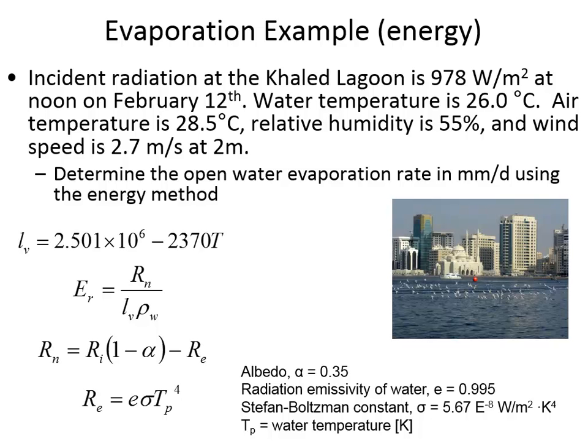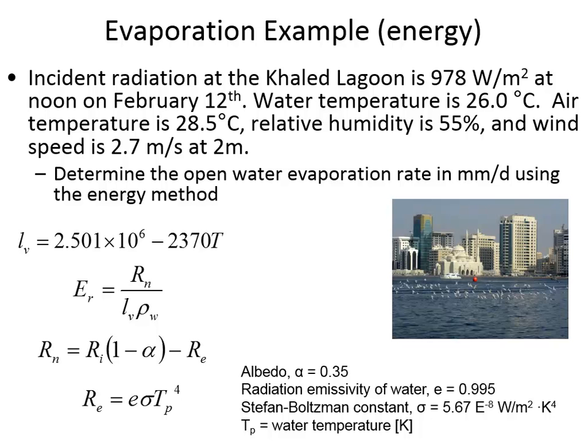What the wind is able to do is transport moist air away from the water surface, and simultaneously it's bringing dry air over the water surface so that it can evaporate even more. Evaporation is really slowed down when you have completely saturated air over the water surface, because if the air isn't able to absorb any more moisture, it doesn't matter how much solar radiation is being delivered. You can have plenty of heat source, but if there's no capacity for the air to absorb any more moisture, then evaporation will cease.